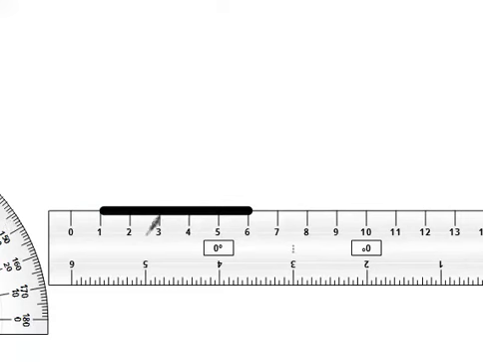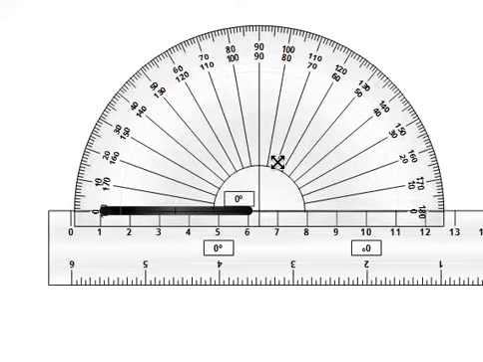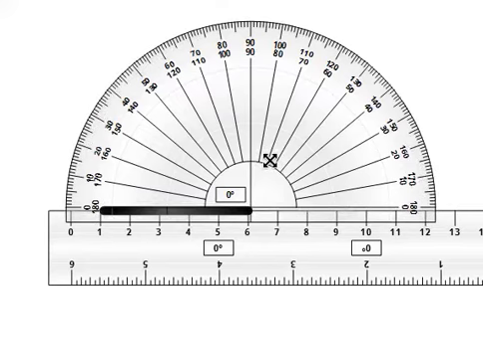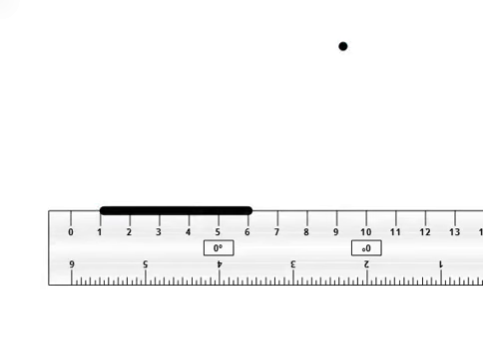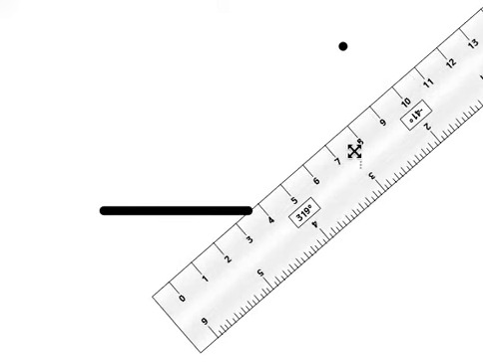Then we can use the protractor to find the measure, which will be 120 degrees. Put a point here and then draw by the ruler the ray.